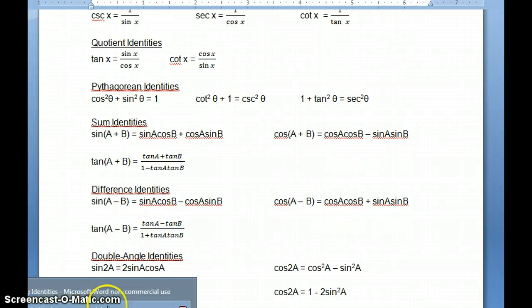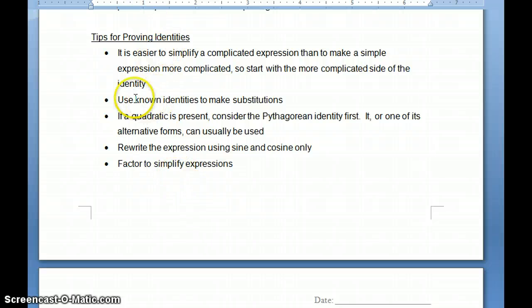So let's go back to our notes. Use known identities to make substitutions. Do not go with crazy ones, especially when we're dealing with the double angle identities. If we're dealing with really crazy angles, don't use those crazy angles. Use the ones that you know and can work with, okay? Your third tip: if a quadratic is present, consider the Pythagorean identity first. It or one of its alternative forms can usually be used.